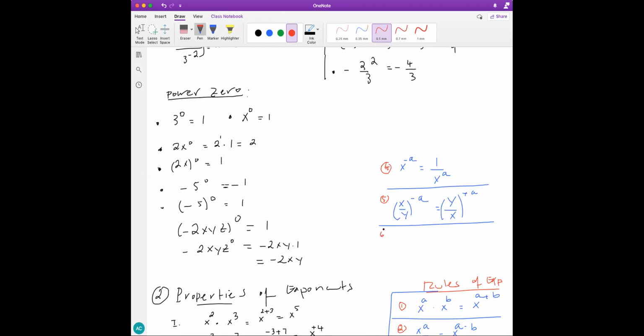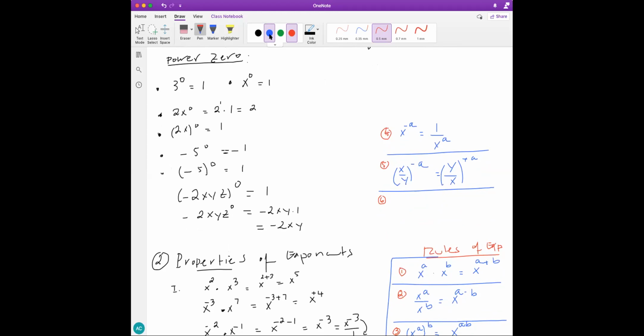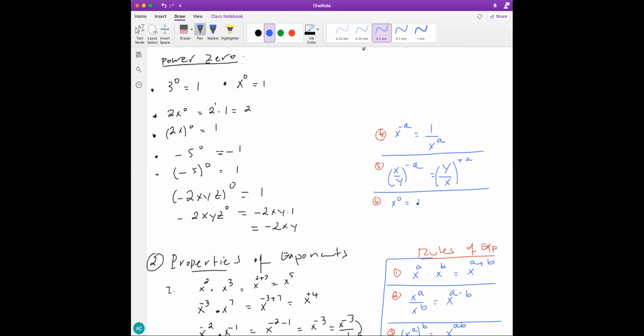Number 6. For any real number x to the power 0, what is that equal to? 1. That's right. What if there is a number a next to the x? What is this equal to?